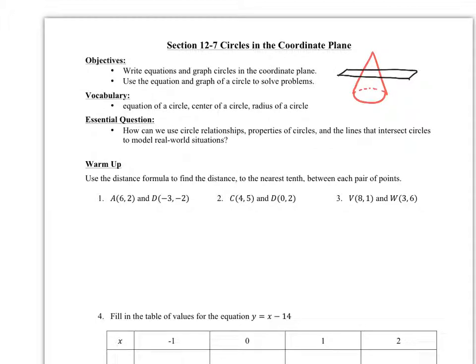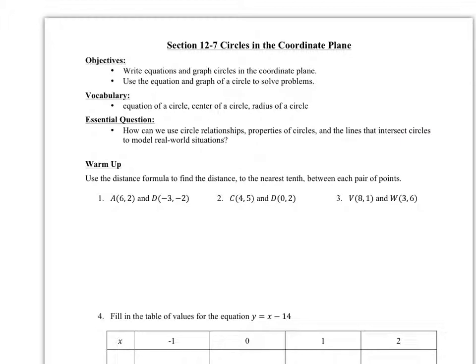What is the cross section that we're going to see when we pull that apart? You are correct if you guessed circle. So this is one type of conic section that you'll be discussing next year in Algebra 2. We're going to be discussing the baby steps into it here in geometry.